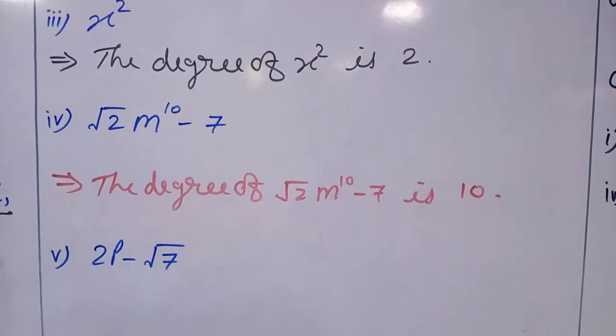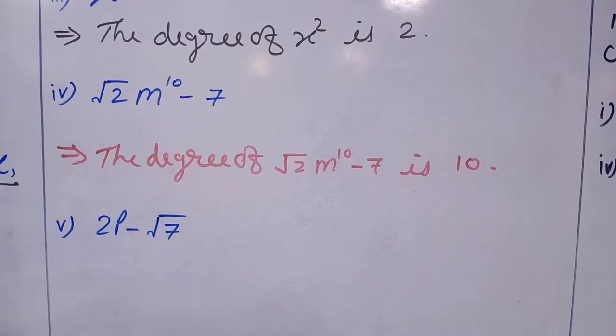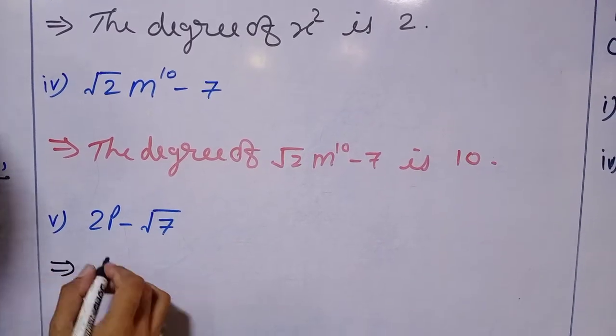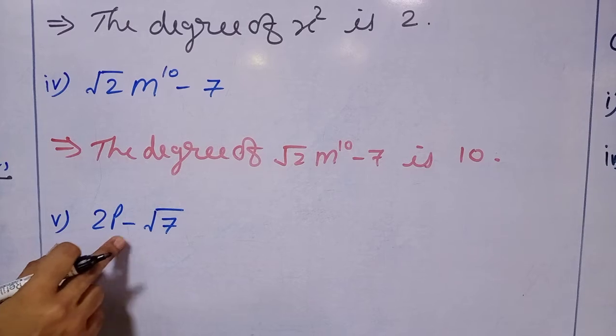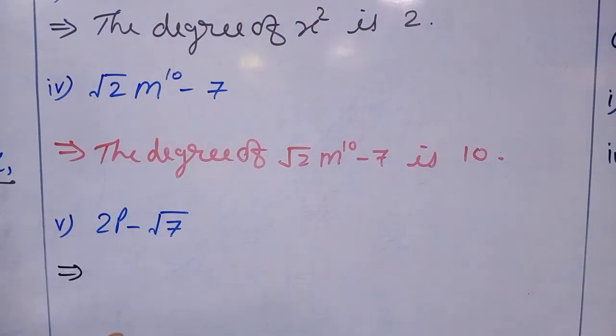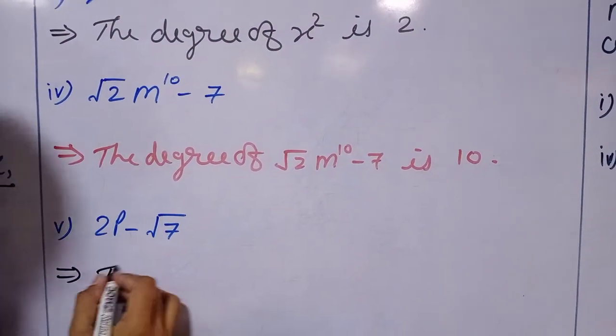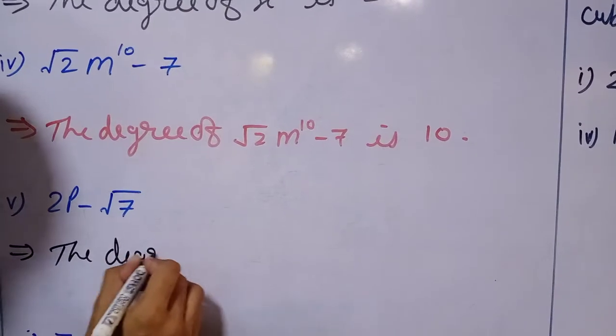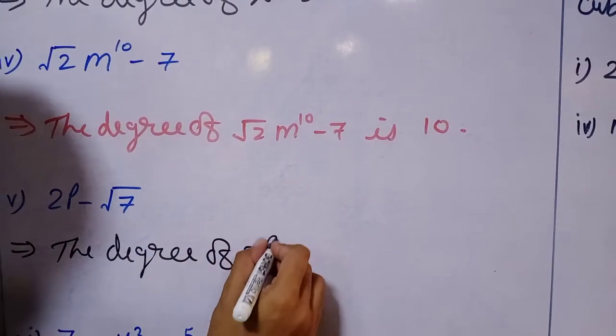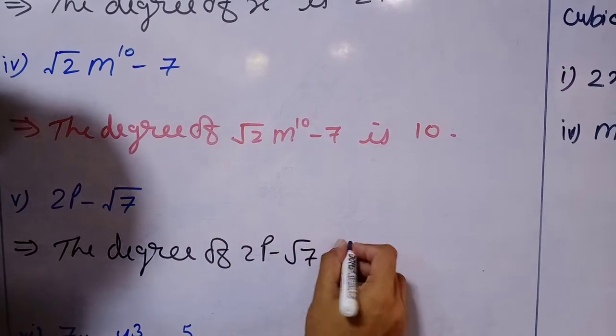In the fifth one, we have 2p minus root 7. The power of p is 1. So the degree of 2p minus root 7 is 1.